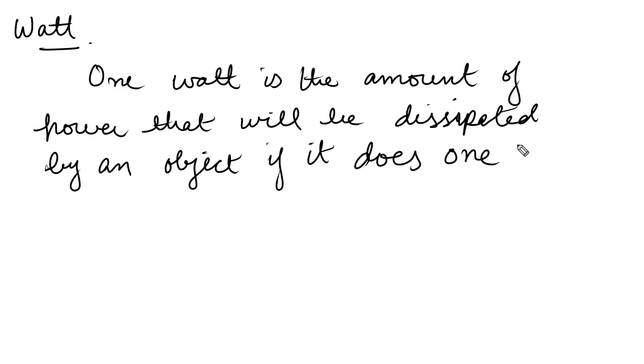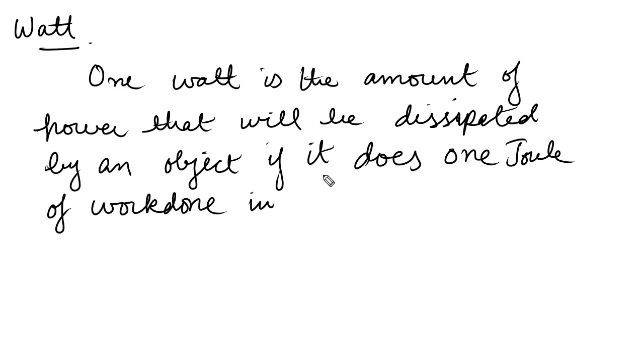I'll write capital J because it's a unit of work done. 1 joule of work done in 1 second. So the power will be equal to 1 watt. So this is the definition for the unit of power, that is watt.